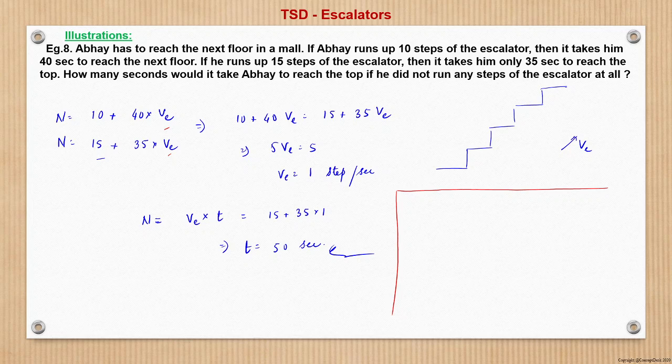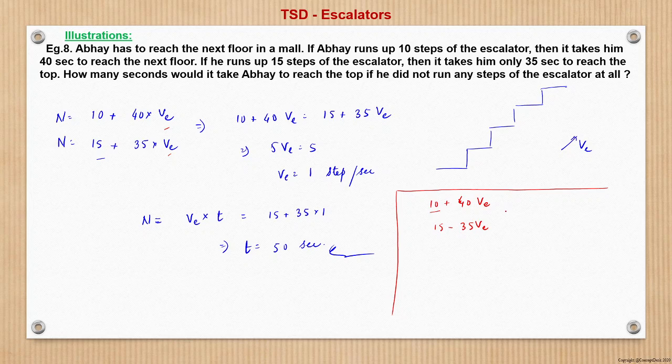Had the two movements been in opposite directions, say suppose in the first case it is 10 plus 40 VE, and in the second case it is 15 minus 35 VE. Assuming that in the first case Abhay goes up, taking 10 steps and the remaining by the escalator, and when coming down runs 15 steps and the remaining by the escalator.